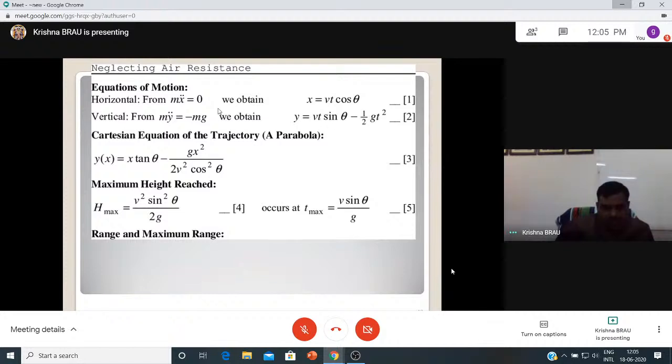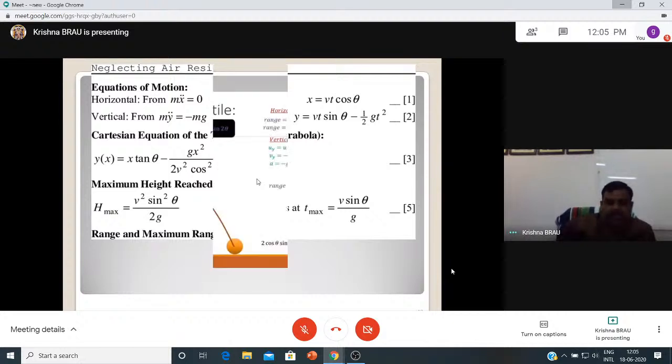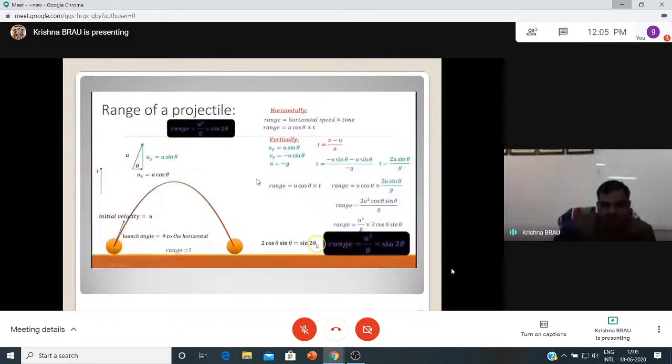Now, maximum height and time of flight can be determined. See, this is again the range of the projectile. The horizontal speed into time, that is horizontal is u cos theta, vertical is u sin theta.